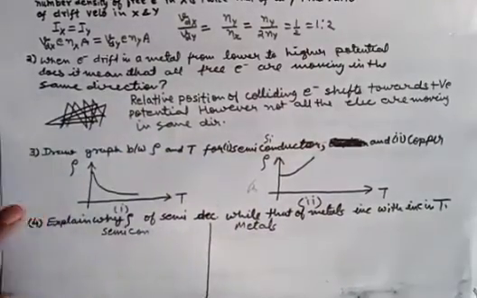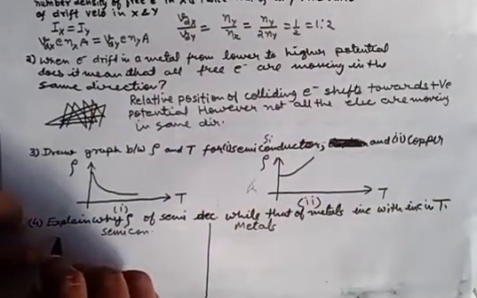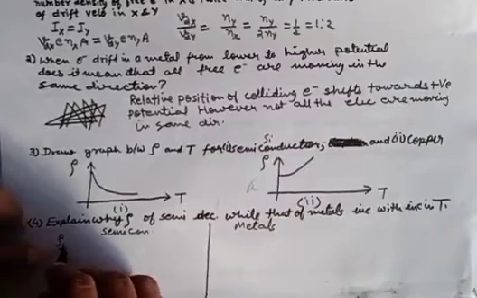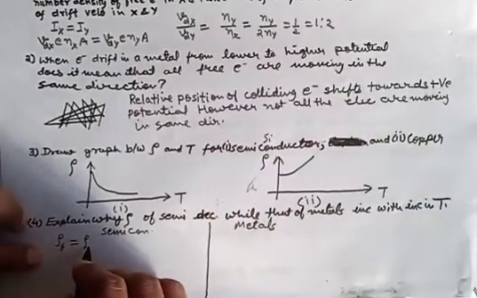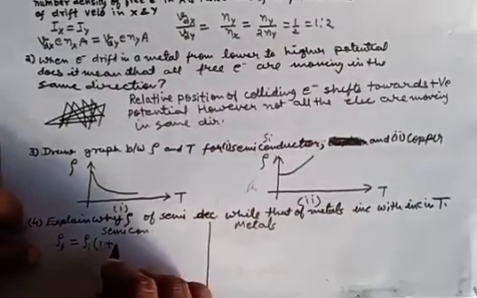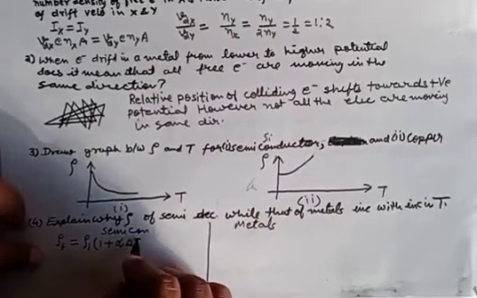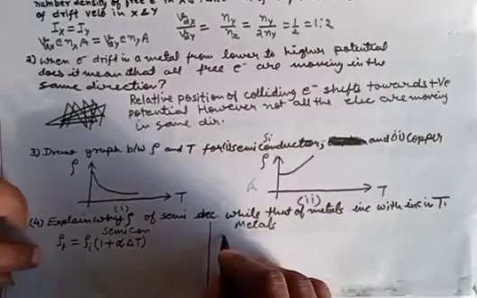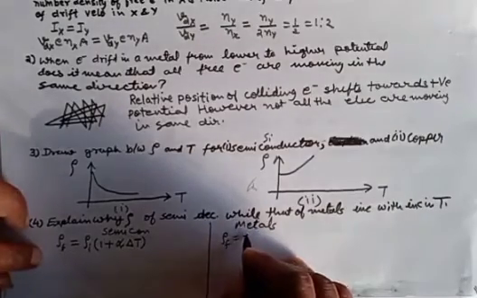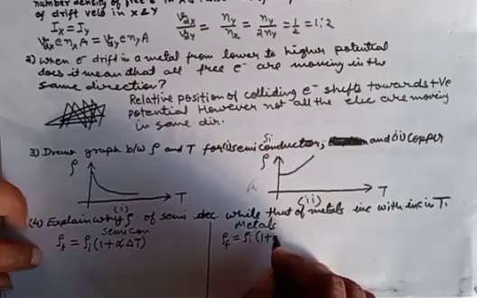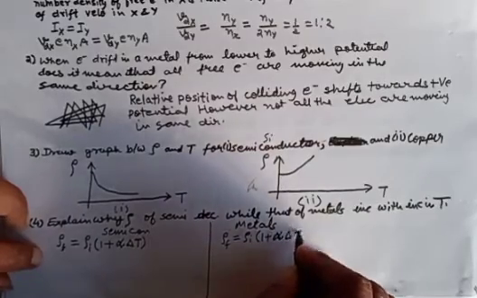On the basis of temperature dependence, we can say that resistivity final is equal to resistivity initial times 1 plus alpha, that is the temperature coefficient of resistance, times delta T. And for metals also, it is rho_i (1 + alpha delta T).